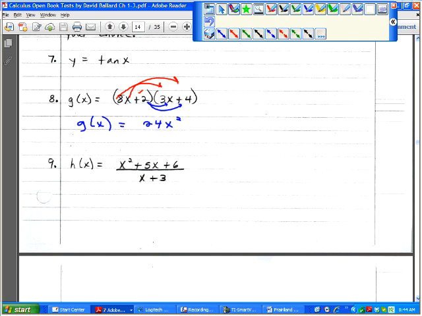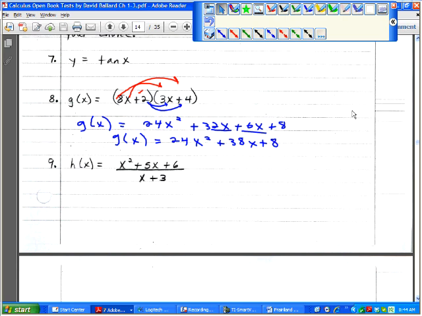And then 8x times 4 is 32x. And then 2 times 3x is 6x. And 2 times 4 is 8. And then we could combine like terms. We get g of x is 24x squared plus 38x plus 8.